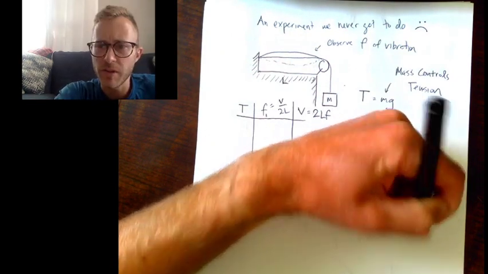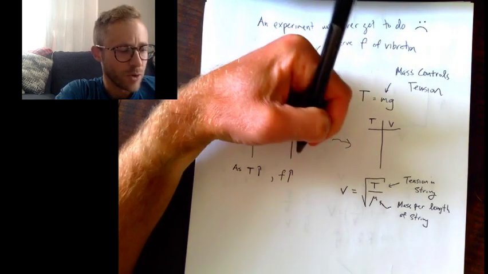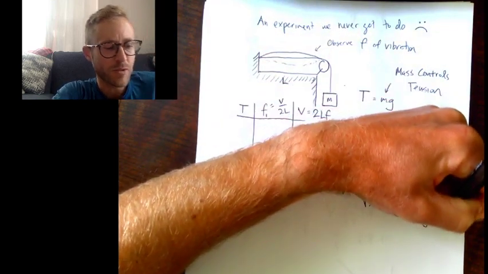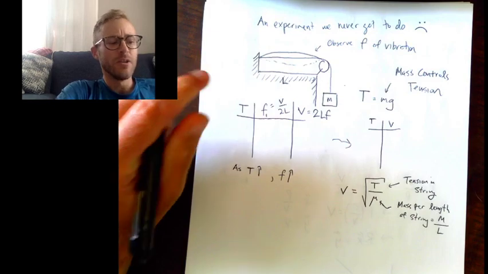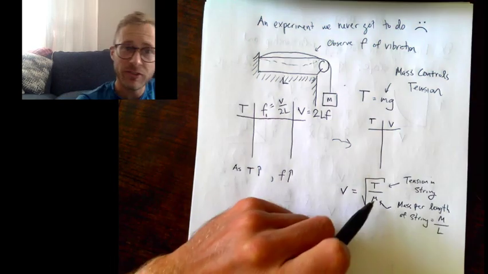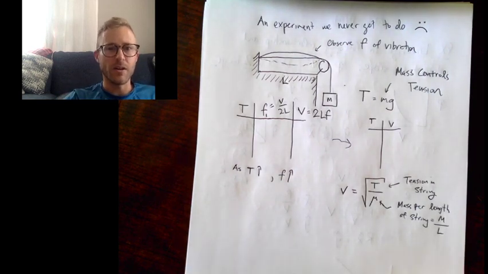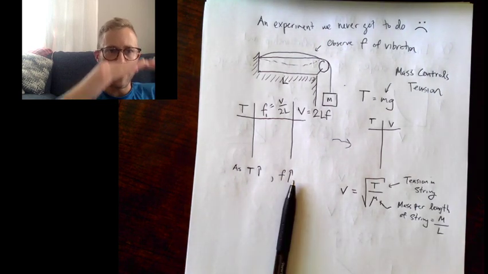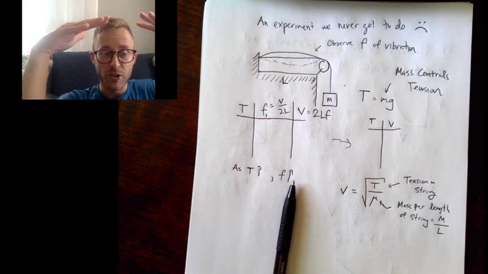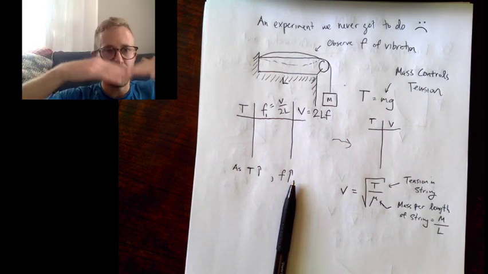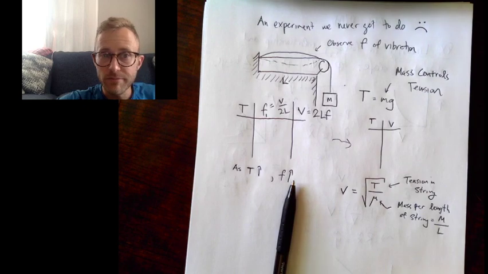So that's going to be equal to the total mass of the string divided by the total length. Okay? You can see that the more mass the string has, the slower the wave speed is. That's because if the string is more massive, then it has more inertia, and so it's harder to make the string vibrate quickly. Okay?